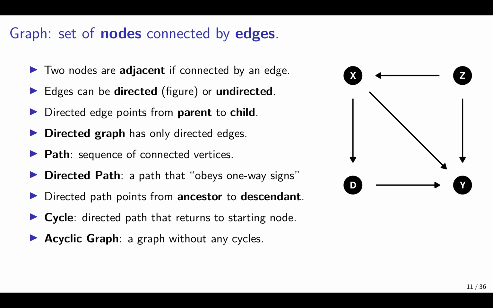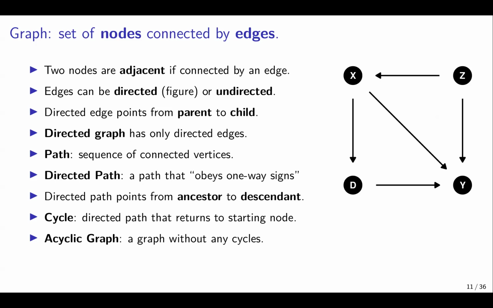So what do I mean by that? Well, in the graph at right, there is a path between, let's say, D and Z that goes D to Y, Y to Z. That's a path because D is connected to Y and Y is connected to Z. But the path from D to Y and Y to Z is not a directed path because it disobeys a one-way sign.